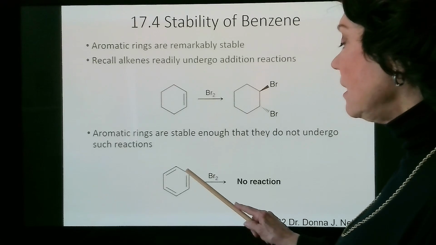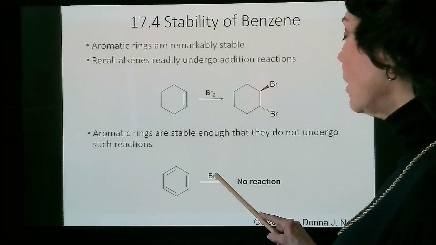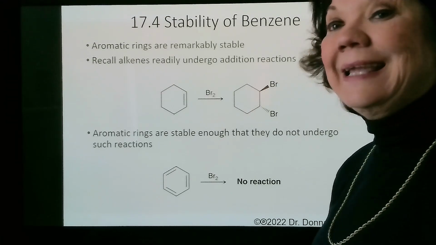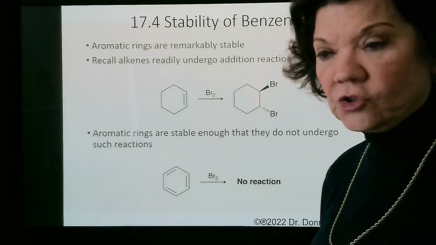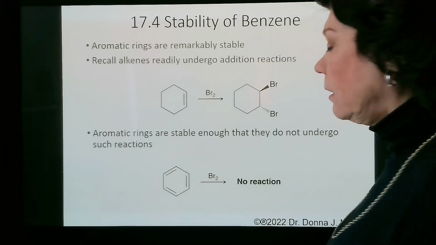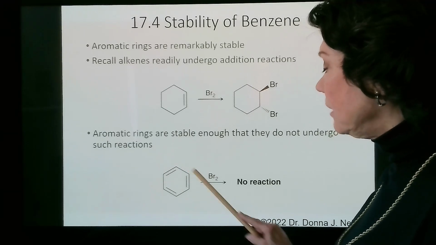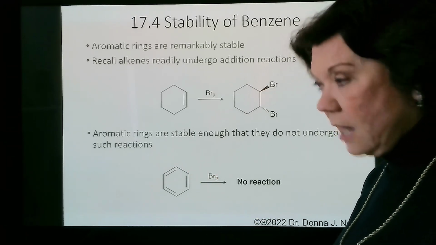And that makes this ring very stable, too stable to undergo reaction with bromine in most situations. Occasionally you can put substituents on here so that it will react, but just benzene without any substituents will not react.